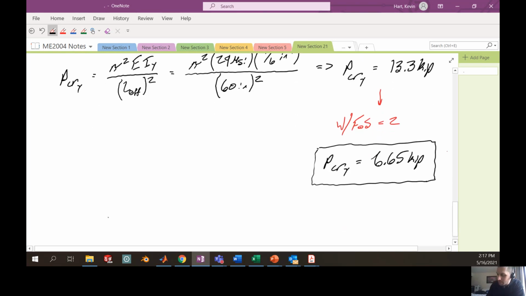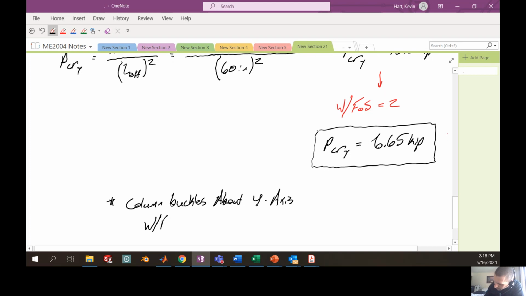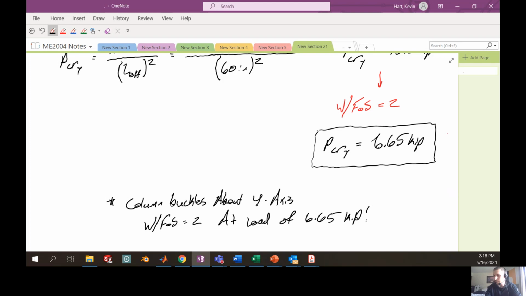So in a final statement, we might say the column buckles about the Y-axis with a factor of safety equal to 2 at a load of 6.65 kip. That would give your audience, whoever you're reporting this to, a nice rounding out of the problem.